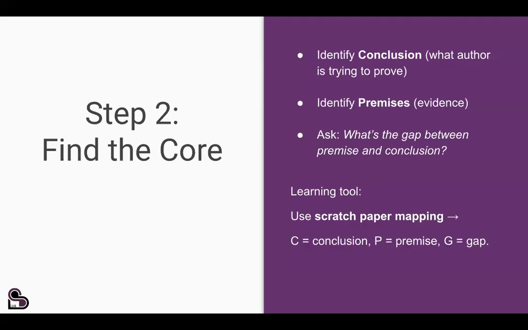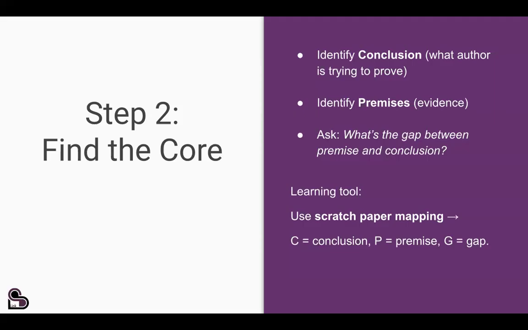We're almost using math here. It's basically algebra, because if I found the conclusion and I found the premise, the gap is what's in between. That helps you to map it out. I would use highlighters, each with a specific color. One of the things that's super important is using this system over and over again as you answer questions, because it will become like an instinct and that will help with your timing.